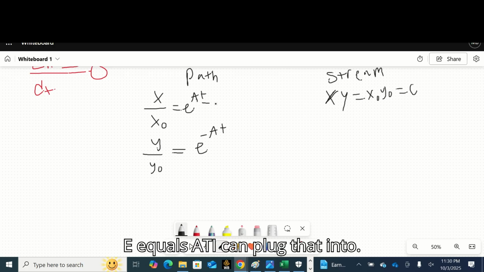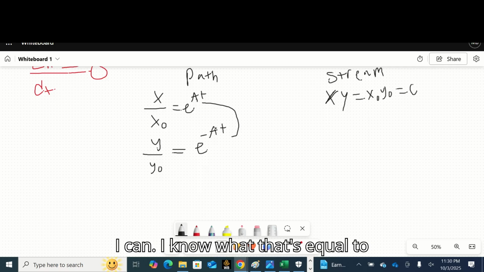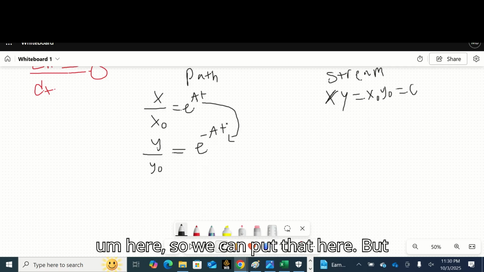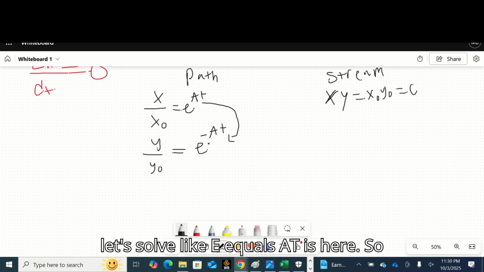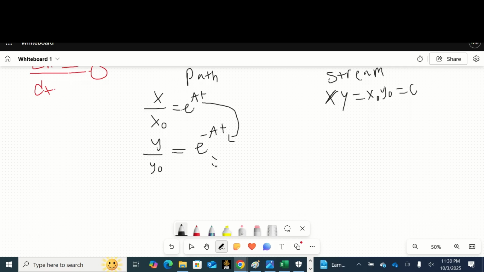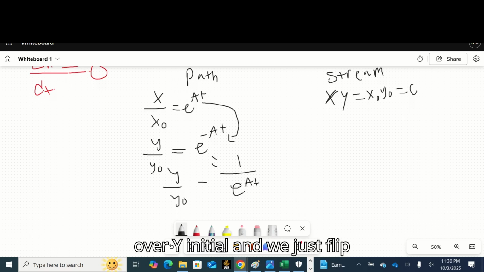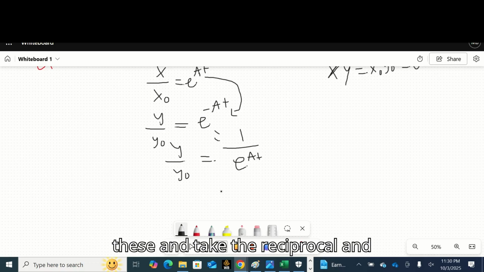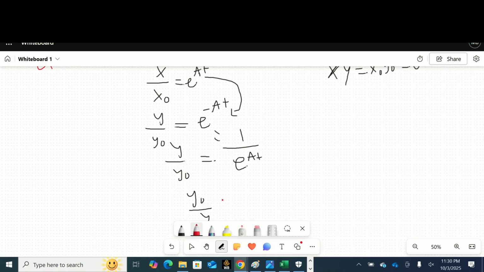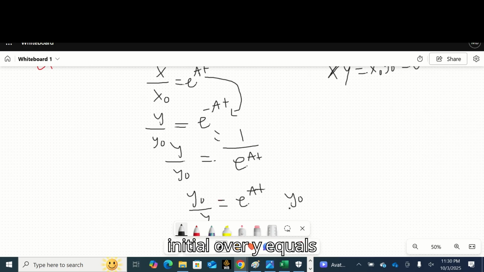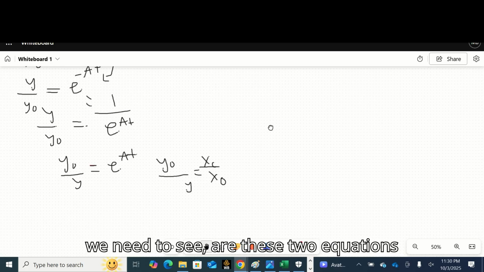So e raised to at, I know what that's equal to here, so we can put that here. But let's solve what e raised to at is here. This is also equal to 1 over e raised to the at, y over y initial, and we just flip these, we take the reciprocal, and we have x over x initial equals e raised to the at. So now we know y initial over y equals x over x initial, and we need to see, are these two equations equivalent?